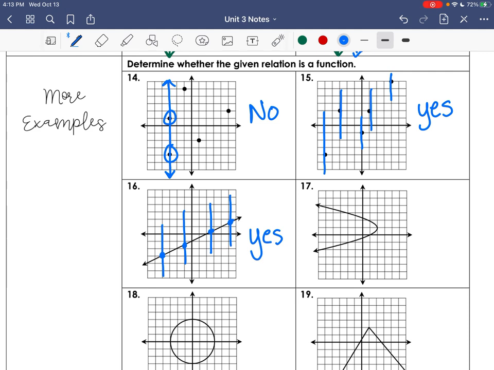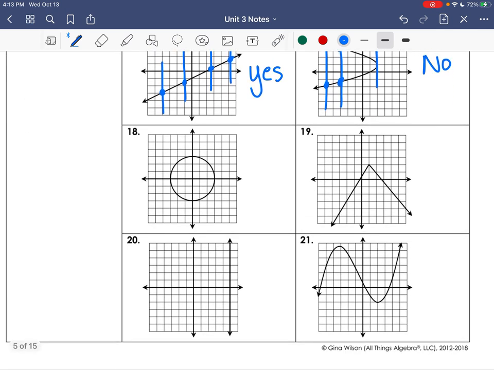All right, this is a sideways parabola, and a sideways parabola is not a function because look what happens. Very first line, touching 2 times, but it's going to do it every vertical line until you get all the way down here. All of these will touch it 2 times, so not a function. We already talked about a circle.